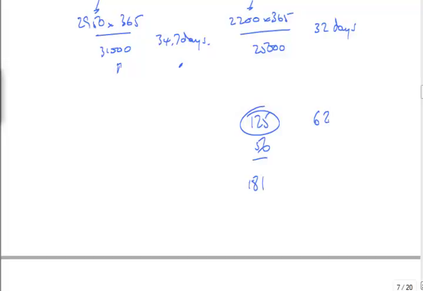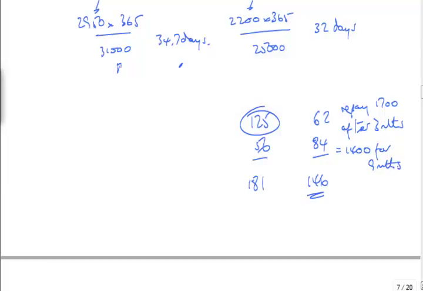That would be 62, and then 84, that would have been 146 loan interest if we'd repaid 1,700 after 3 months, and then we got 1,400 for 9 months. That would have given me the 146, and in fact the loan interest is 150. So after 3 months we repaid that 1725, 8% loan.